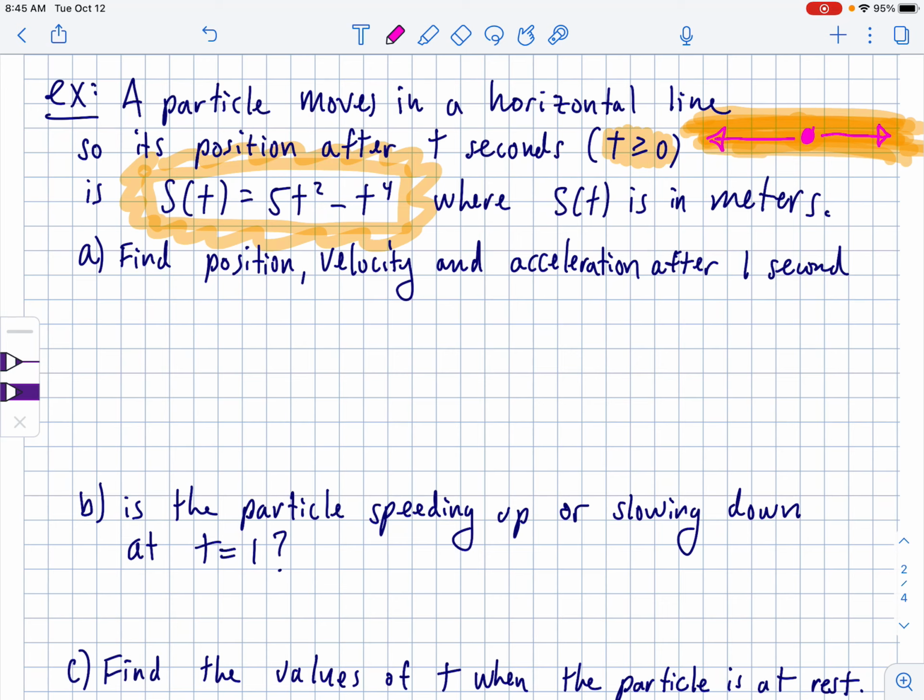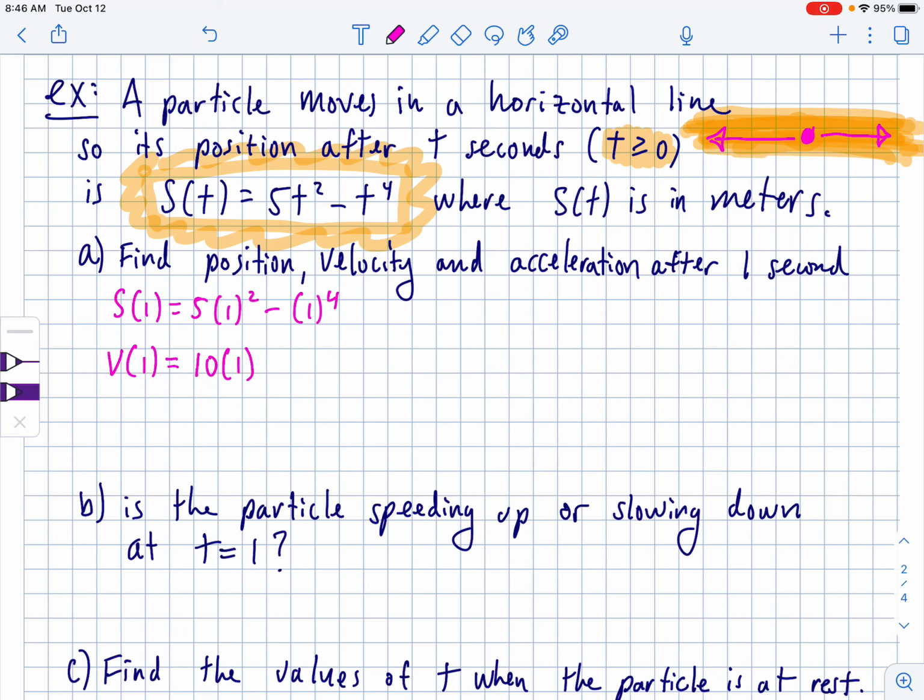Find position, velocity, and acceleration after 1 second. Well, position would just be the master equation, but velocity and acceleration are the first and second derivatives of that. So first, s of 1 is equal to 5 times 1 squared minus 1 to the fourth. And then velocity of 1.